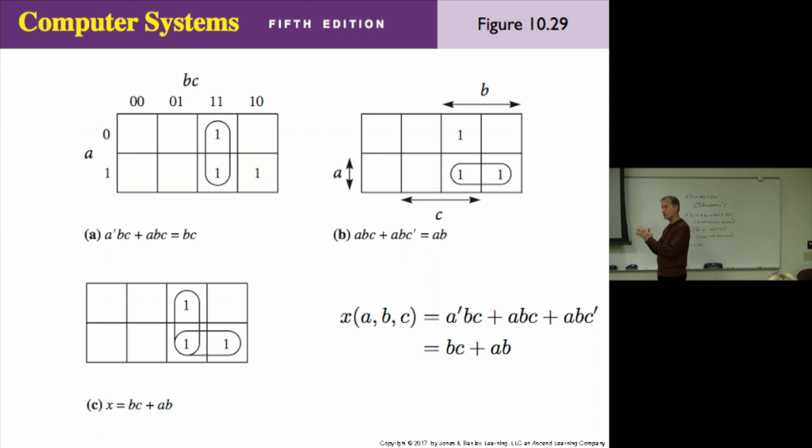And by the way, you can only group 2 or 4 or 8. You can't group 3 or 7. You see what I mean? Because each grouping has to correspond to one of the regions of the table. Are you with me on that?